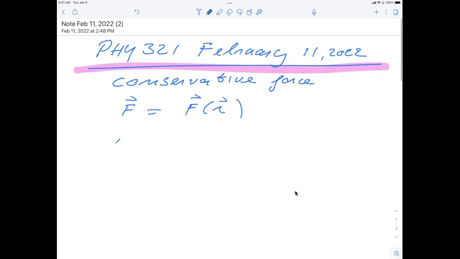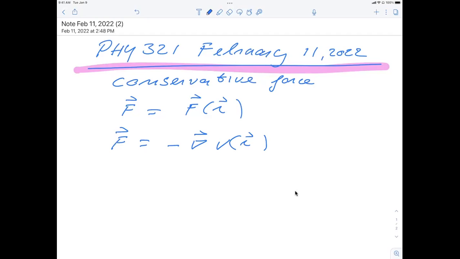Then the important condition is that F is equal to the gradient of the potential. In many cases we do have a potential. You will typically start with a potential, and then you can use this relation if the potential depends only on the spatial degrees of freedom. If there is a time dependence, this is most likely not going to be a conservative force. Energy will most likely not be conserved, linear momentum will not be conserved, and angular momentum will not be conserved.